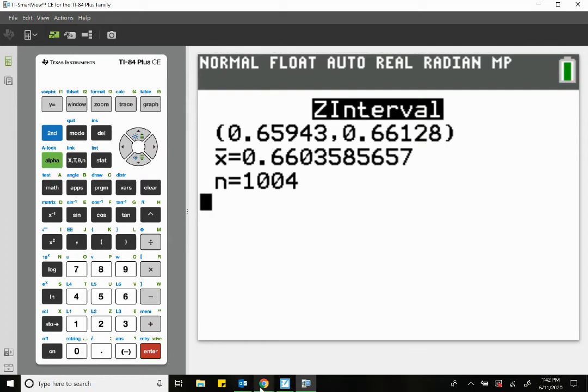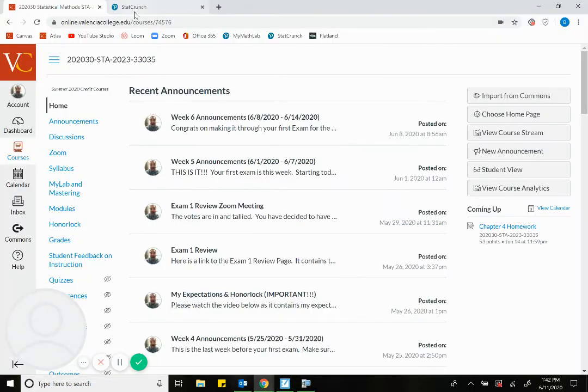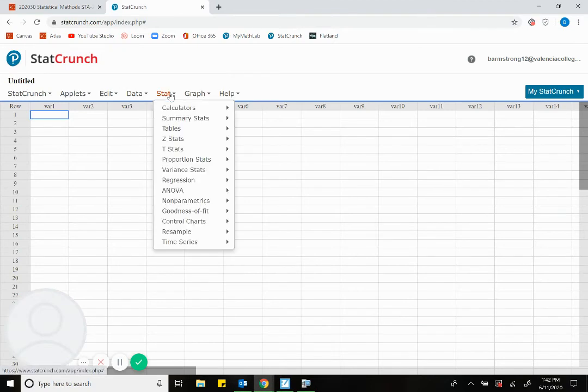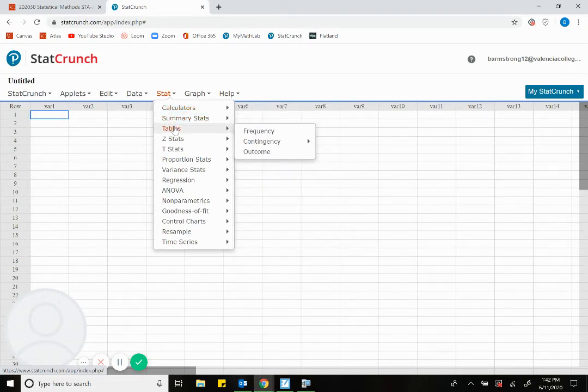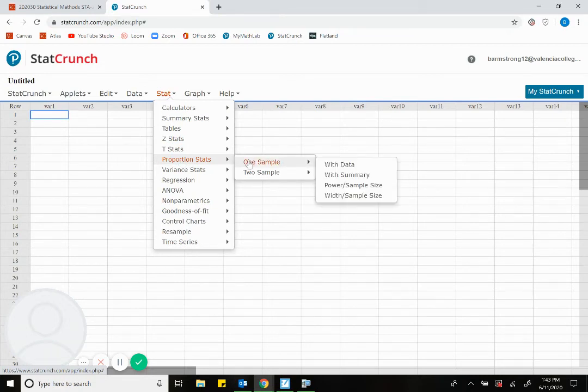Let's double check it with StatCrunch. Now I know this one because usually I deal with StatCrunch. I don't like working with the calculator. So we are looking for, if I remember, oh, no, proportion stats. And you're doing a 1 sample with summary.